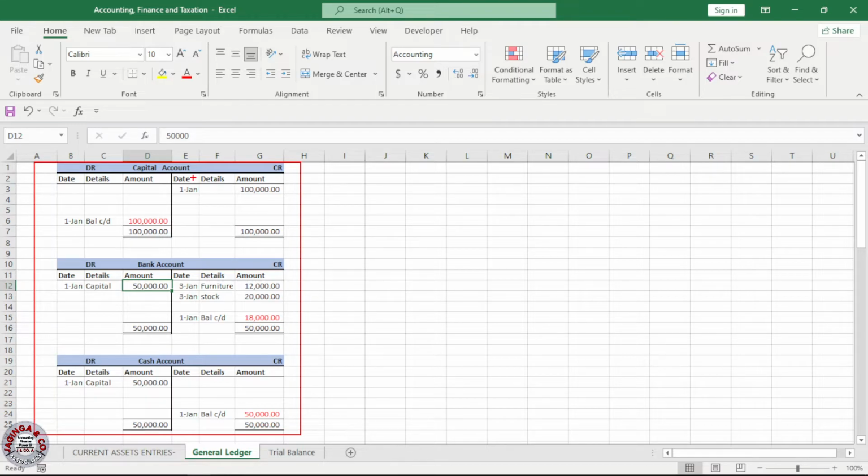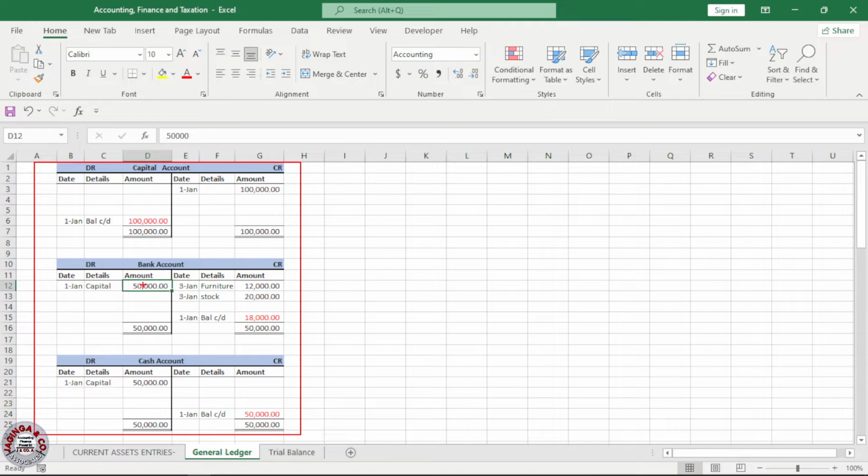So here we've started a business with 100,000. So we must credit the capital account with 100,000, and then the amount has been transferred to bank account and cash account, 50,000 both. So we'll debit bank account and we'll also debit cash account.